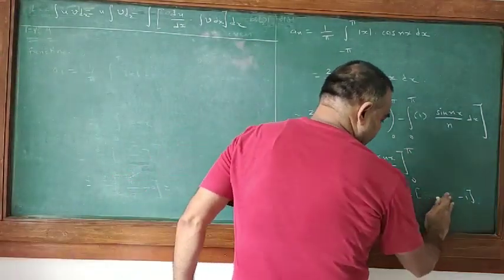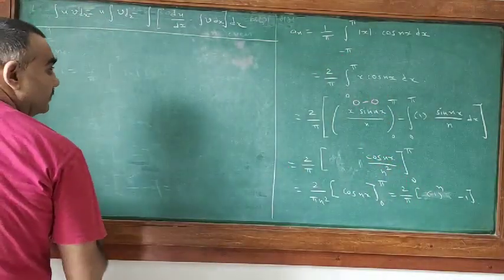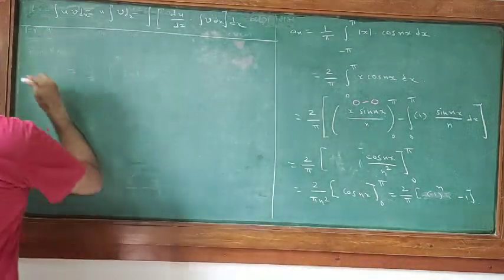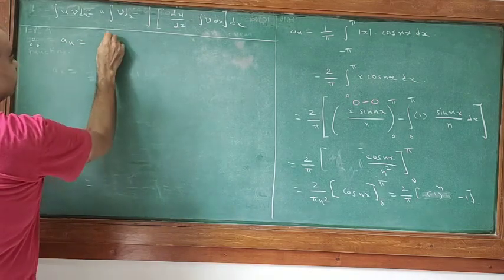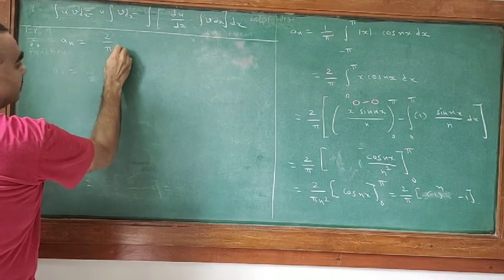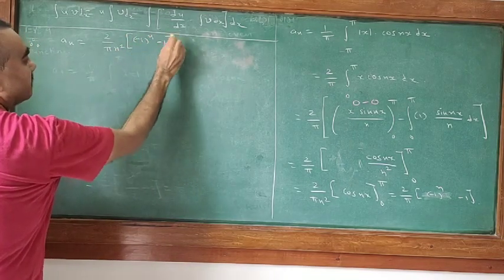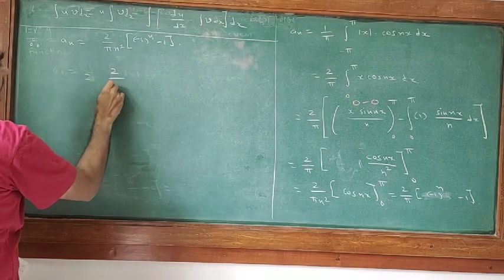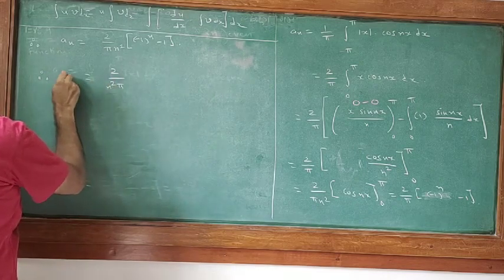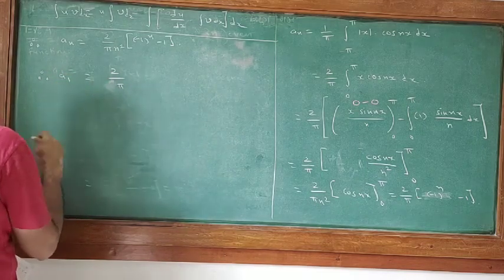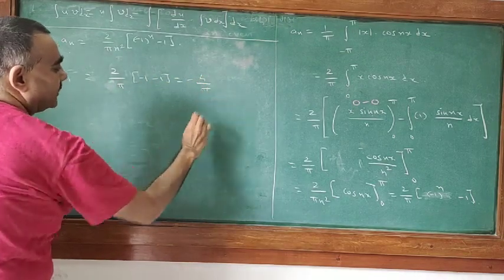You know that cos n pi is minus 1 raised to n. So it is 2 upon pi n square, minus 1 raised to n minus 1. Value of a1: 1 square, so it is not in calculation. This is minus 1 minus 1, so it is minus 4 upon pi.